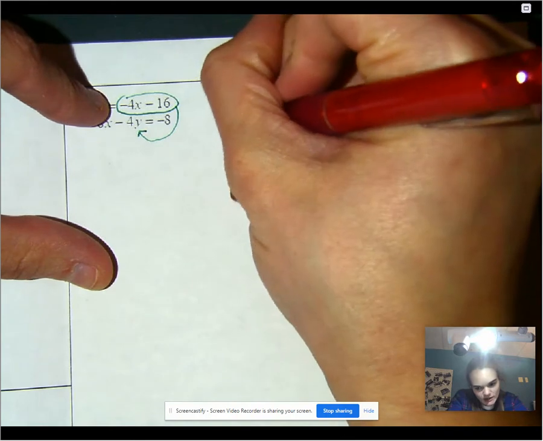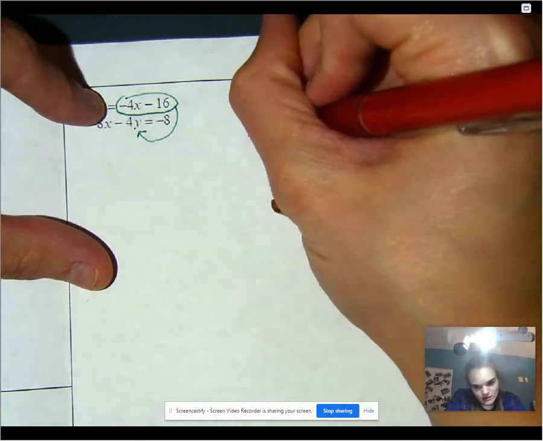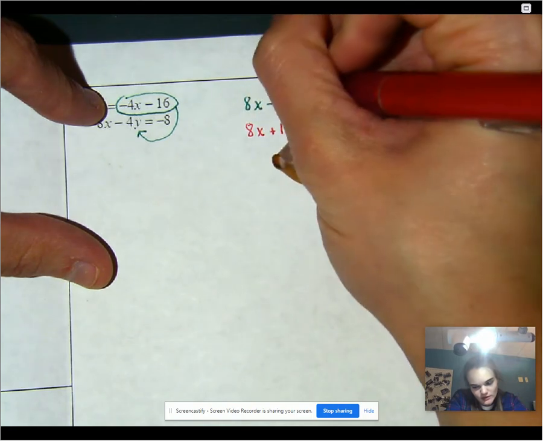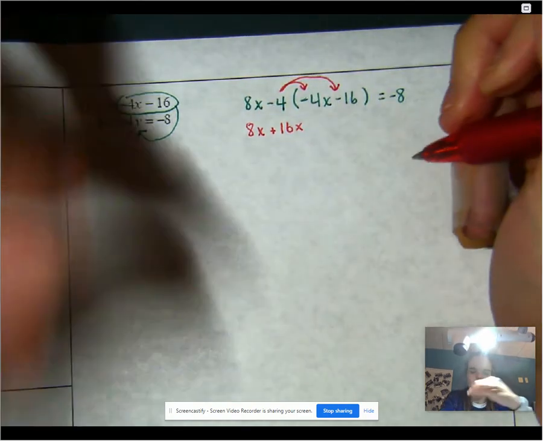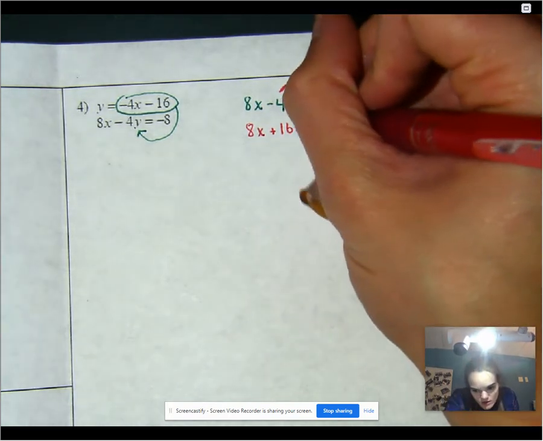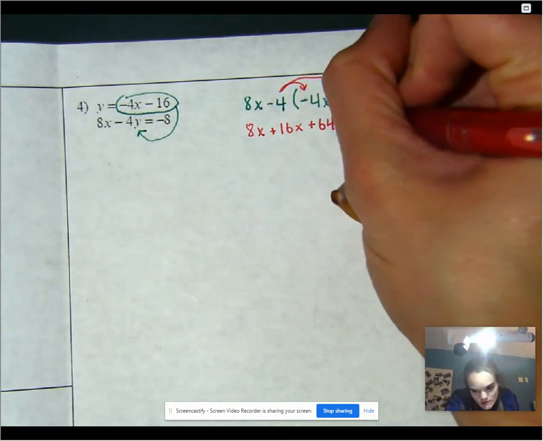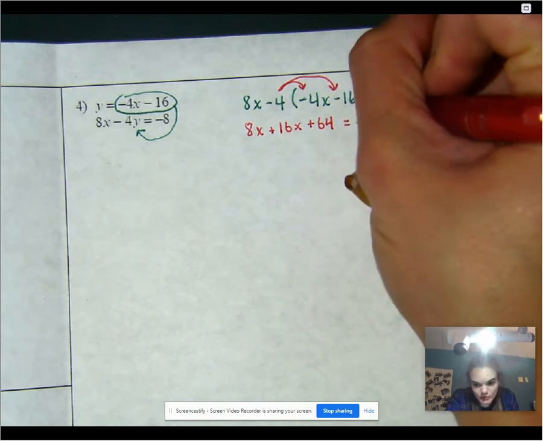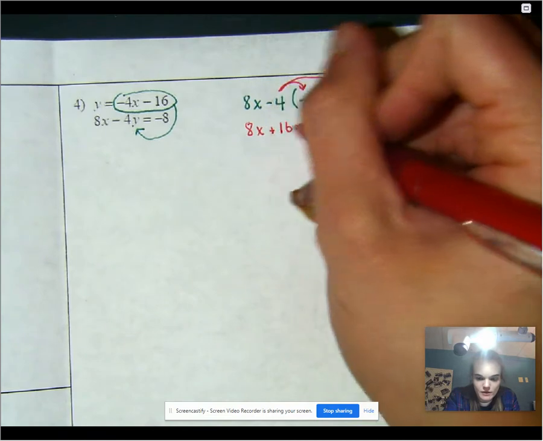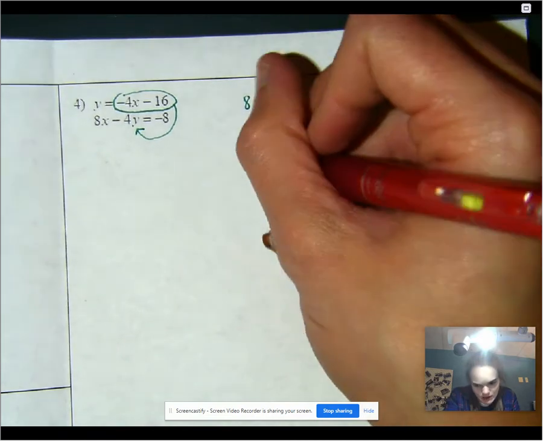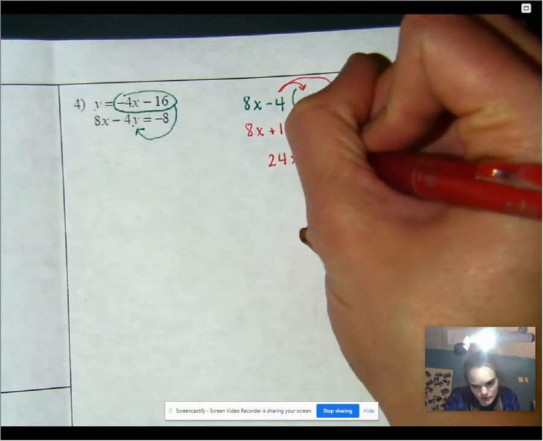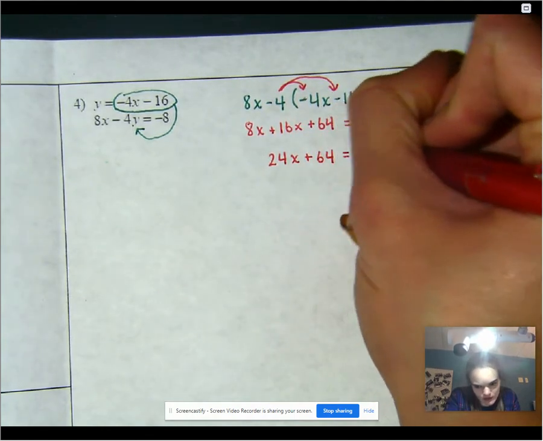Bring down 8x, distribute, and you get 16x. Distribute, and you get 64. You can use a calculator. All right, 8x plus 16x is 24x plus 64 equals negative 8.